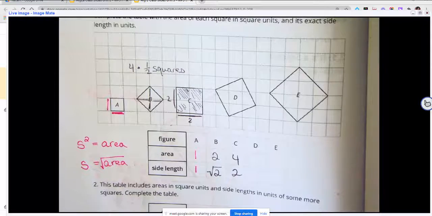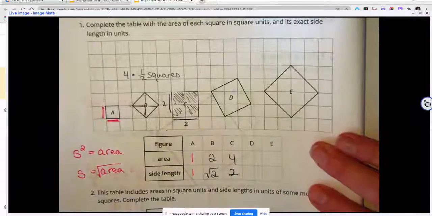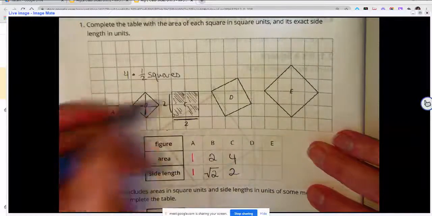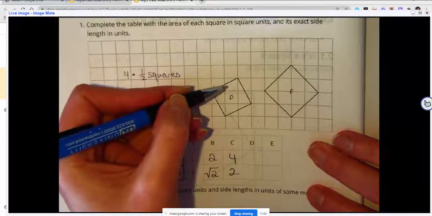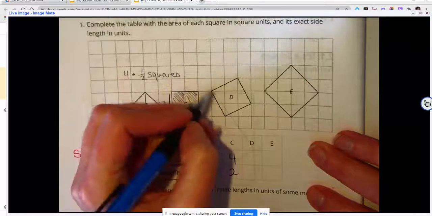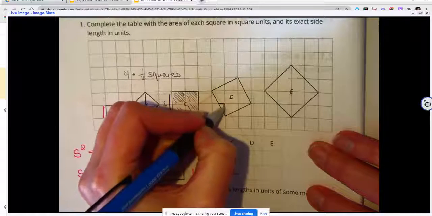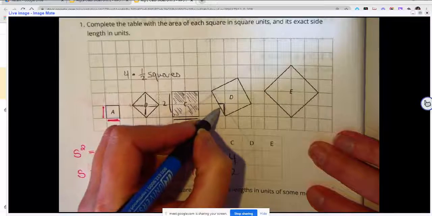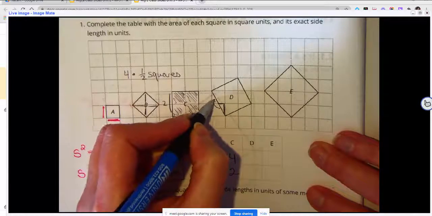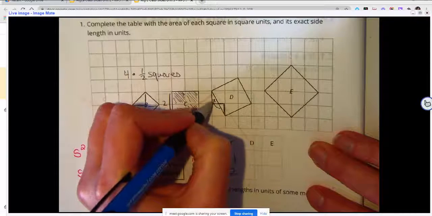Jordan, what are you noticing? I'd say the area of D is 5. How are you getting 5? So on each of the edges, the squares are all split evenly. Gotcha. So this kind of idea that on this edge, if you can picture kind of swinging that triangle up alongside this one, it would complete that square out here.